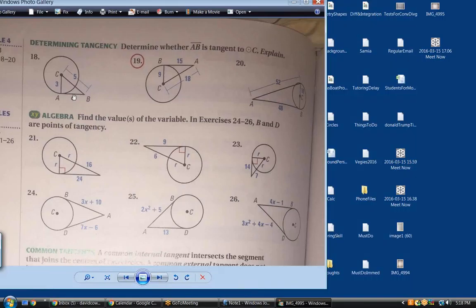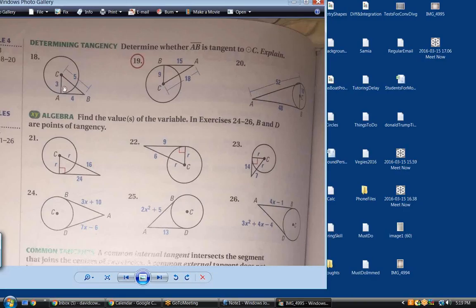Is AB tangent to circle C, and why? If yes or if no. Yeah, because CA hits AB at a right angle. Yeah, in other words, we cannot have a 3, 4, 5 triangle without it being a right triangle. This is automatically a right angle.